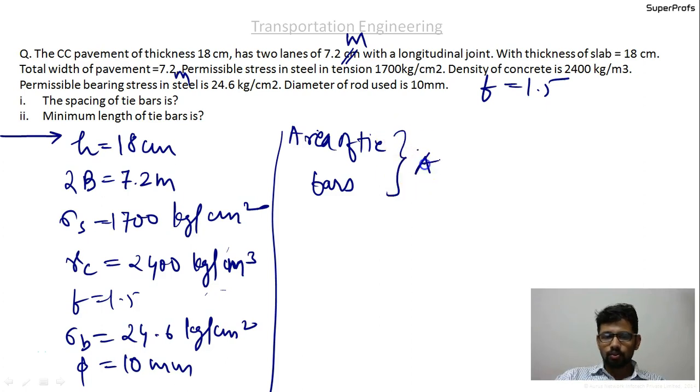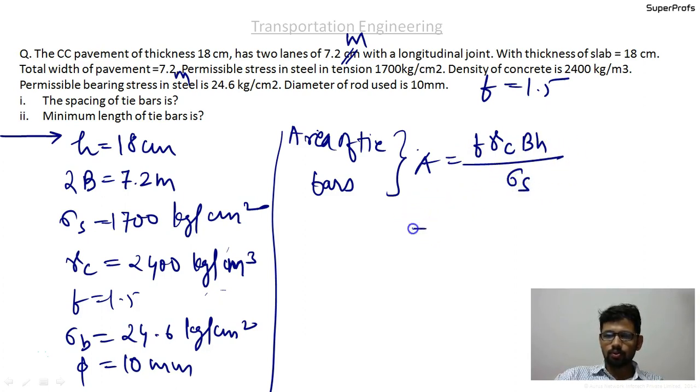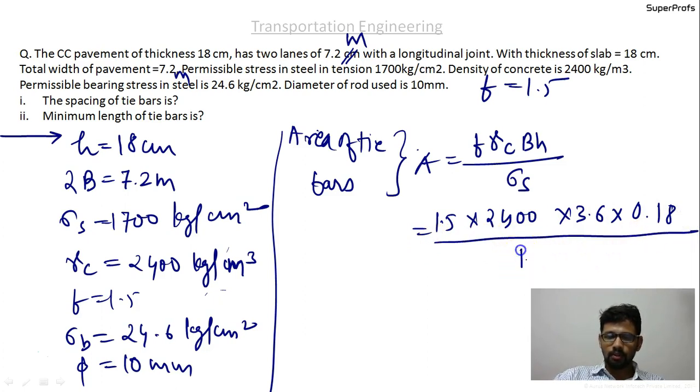A equal to F gamma C B H by sigma S will be equal to 1.5 into 2400 into 3.6 into 0.18 upon sigma S, which is 1700 divided by 10 to the power minus 4.